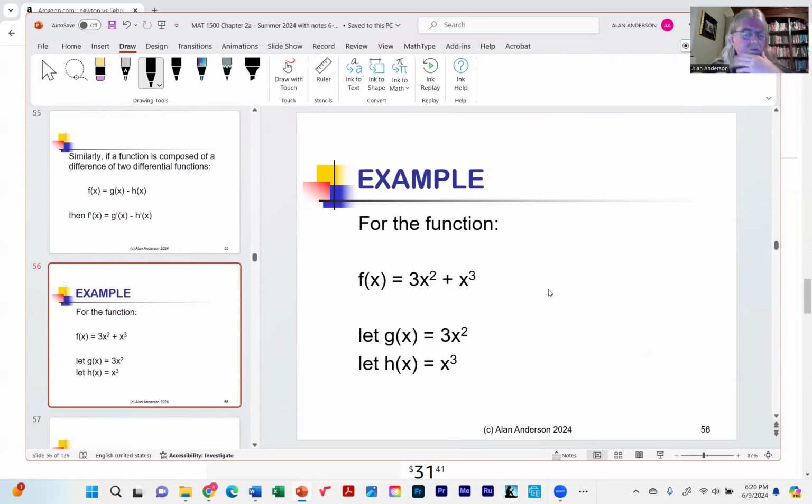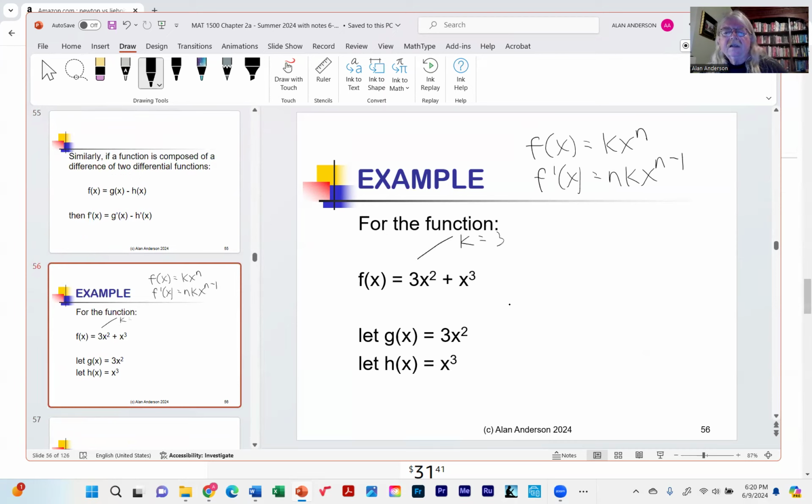All right, let's look at a quick example. Now we're going to, of course, apply the power rule for both of these. So here, k is 3, n is 2. For this one, k is 1. There's an implicit 1 here.